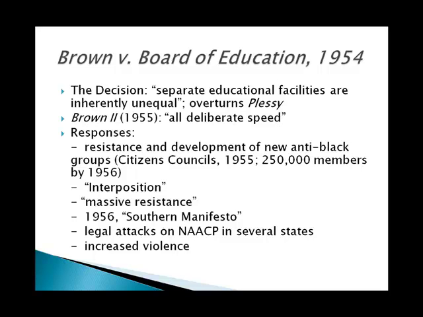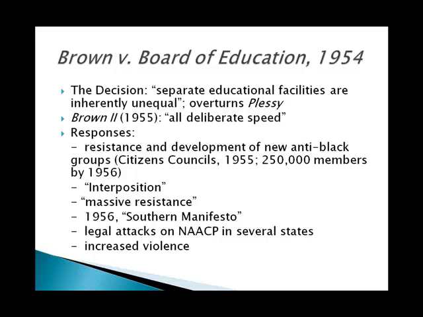In 1956, 101 members of Congress, 90 representatives, and all of the Southern senators, except for the two senators from Tennessee, Estes Kefauver and Albert Gore Sr., and the senator from Texas, Lyndon B. Johnson, signed the Southern Manifesto, which was an agreement opposing the Supreme Court's authority to desegregate the schools.